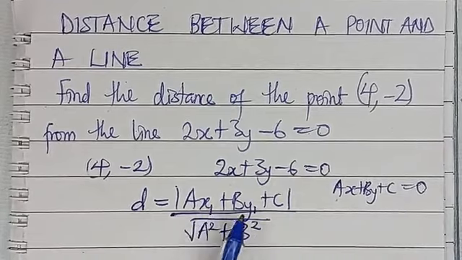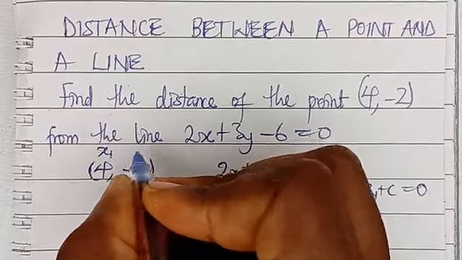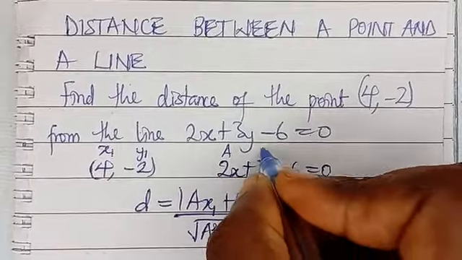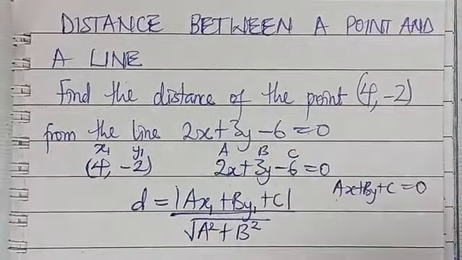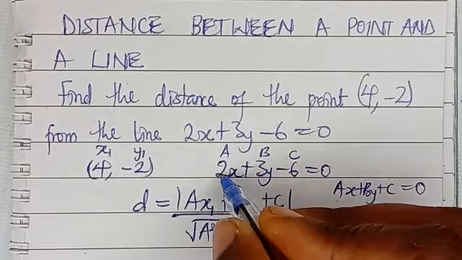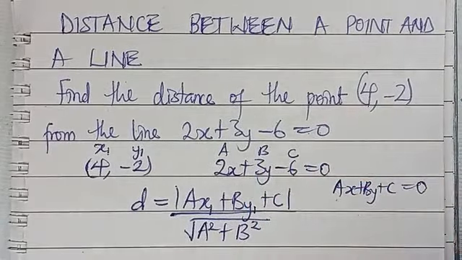When we talk about x1, y1, that is the coordinates of the point. So this is x1, this is y1. Now, this is a, this is b, and this is c. So c is equal to -6, b is equal to 3, and a is equal to 2. Any sign in front of a number belongs to that number.